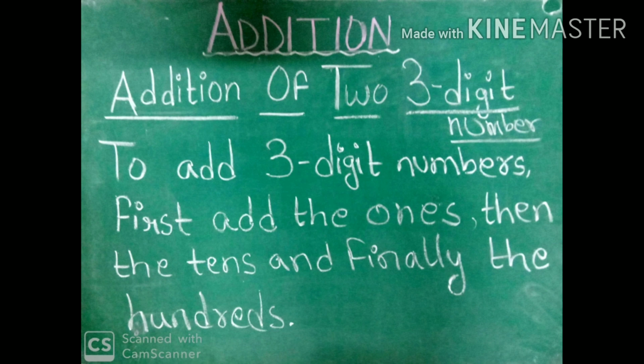Now, addition of two 3-digit numbers. There are some rules. To add 3-digit numbers, first add the ones, then the tens, and finally the hundreds.